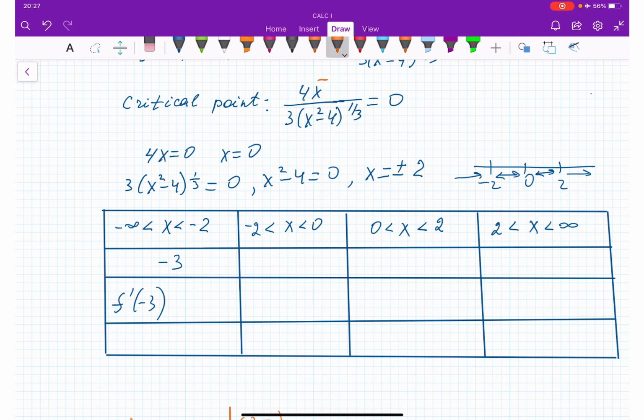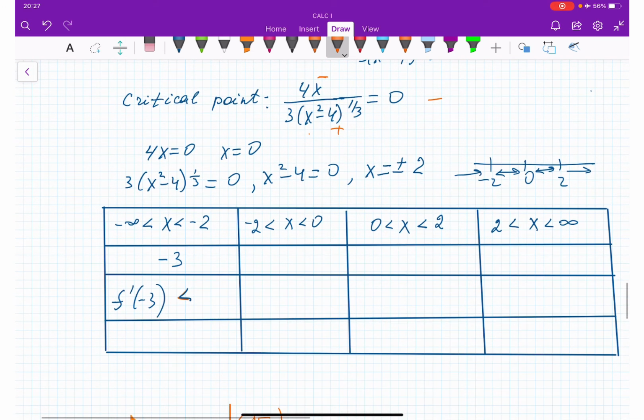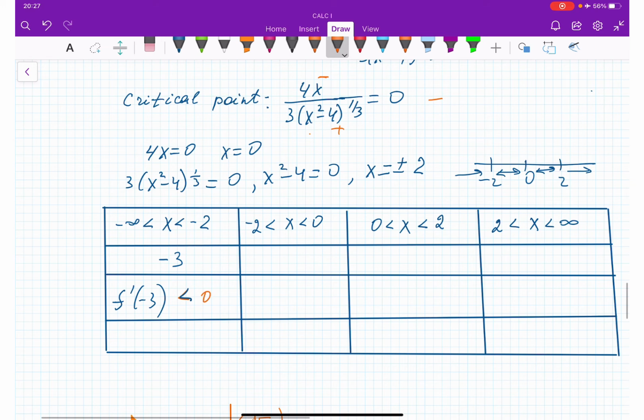This is squared, so it's always going to be positive, right? So the result is going to be negative. Total is going to be negative, right? Okay, so less than 0, which is decreasing.